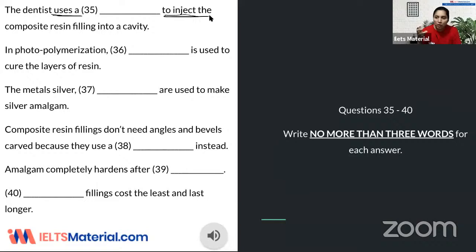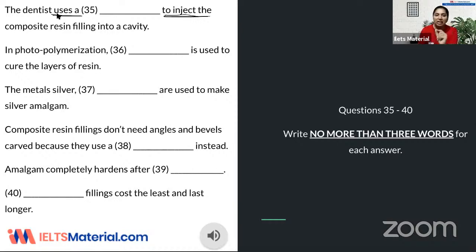So inject, I would say, we can predict the answer saying that it can be a syringe, it can be a pen with the cartridge, that is the medicine cartridge or liquid cartridge. So you can talk about a pen syringe, or a normal syringe.